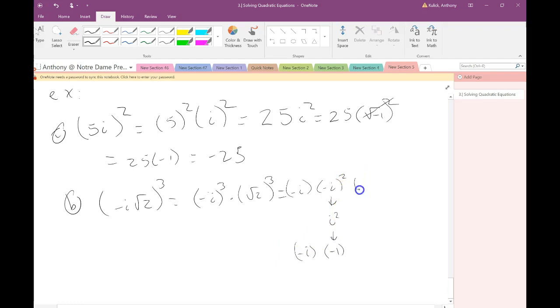And I'm going to think about the square root of 2 cubed the same way, as the square root of 2 times the square root of 2 squared, because the square root of 2 squared is the square root of 4, which is just 2.